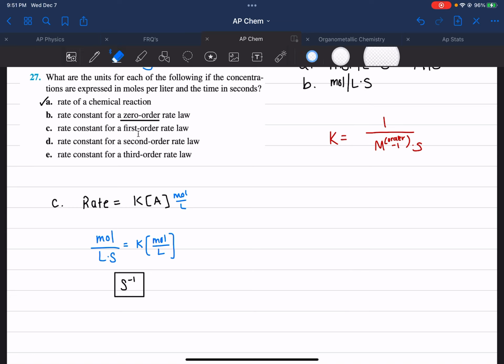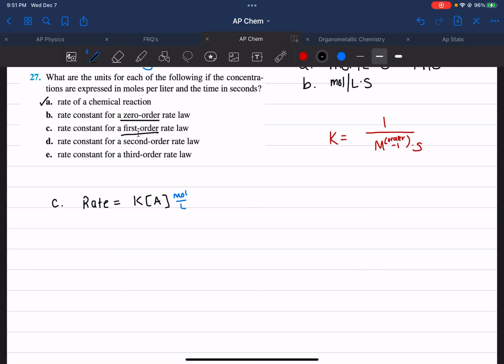But another way to solve is using this little shortcut equation. So we have that this is a first order rate law. We plug it into this equation: 1 over the molarity to the order, which is first, minus 1, times our second. That gives us 1 over molarity to the power of 0 times second.